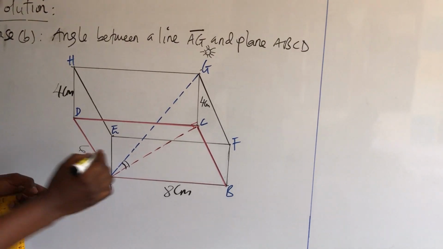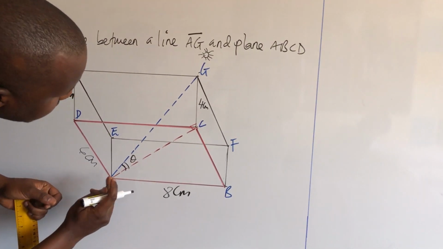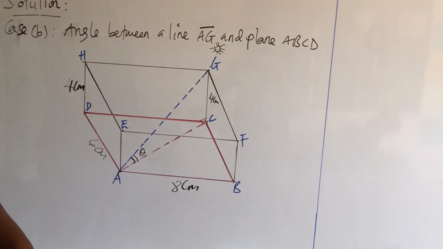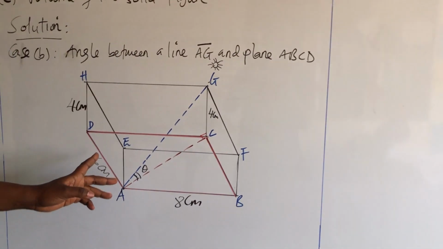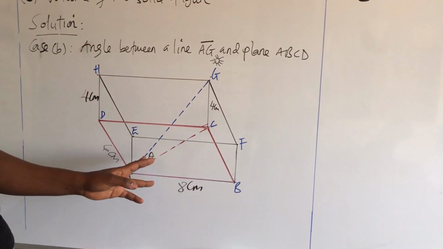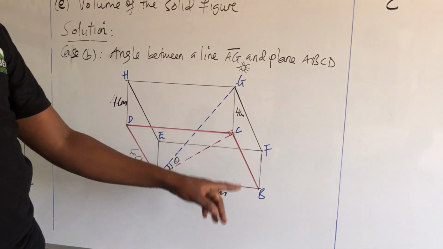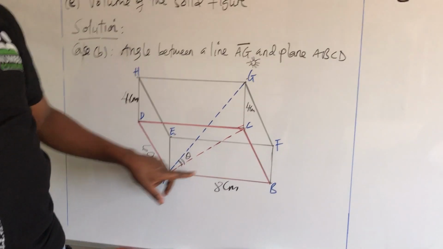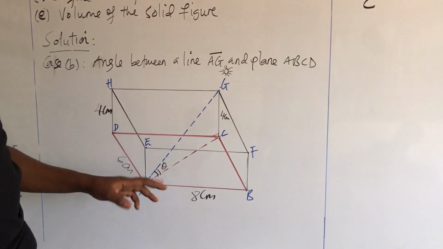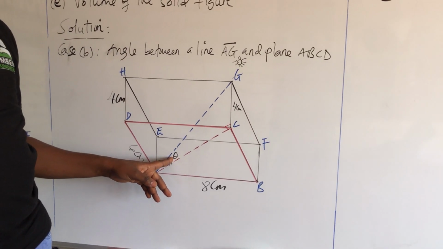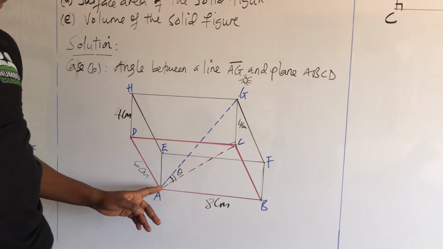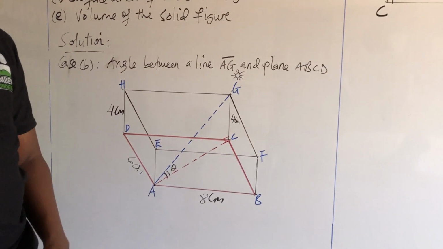What is important now is to find the length AC, which is the diagonal of the base. Our base is rectangular in shape, and rectangles have two diagonals, AC and BD. When we find AC, using this length and width, we can find this angle, because we only need one dimension from this triangle. So we start by finding the diagonal AC.